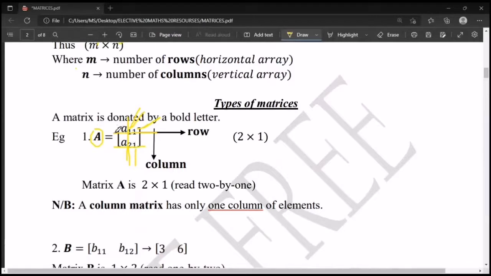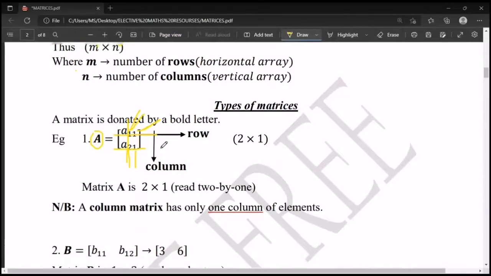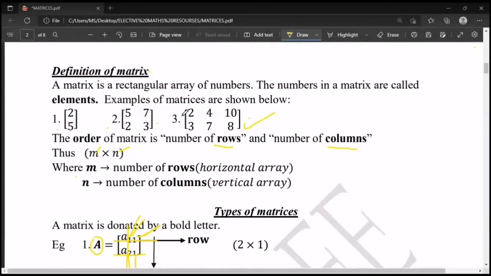Now, the rows are the horizontal arrays and the columns are the vertical arrays. So let's check this. How many rows do we have here? 2 rows. Row 1 and row 2. How many columns?